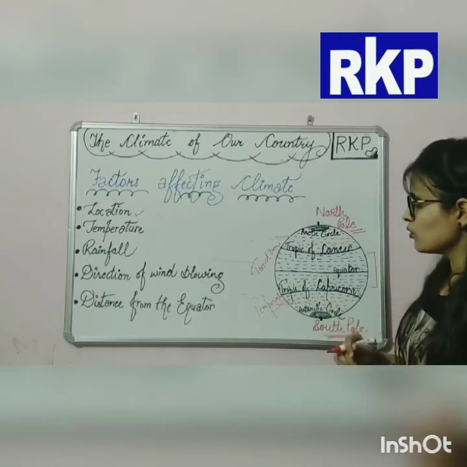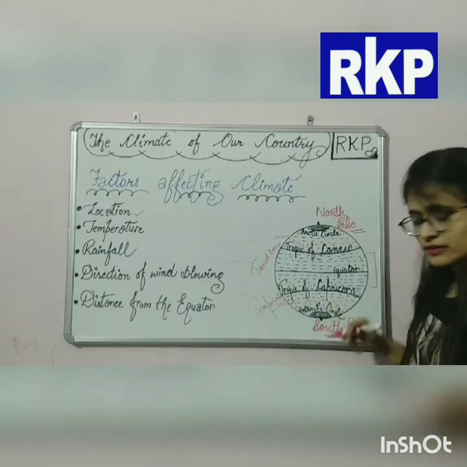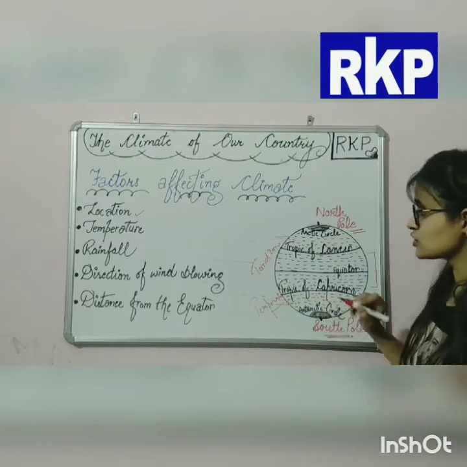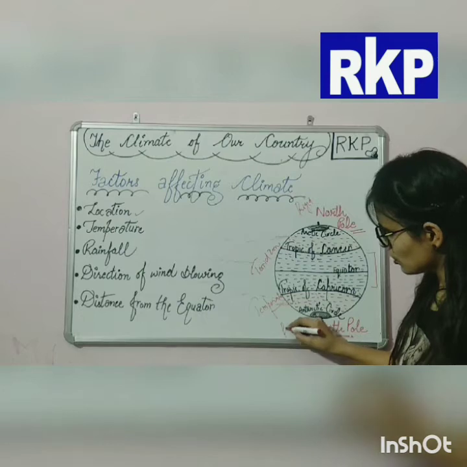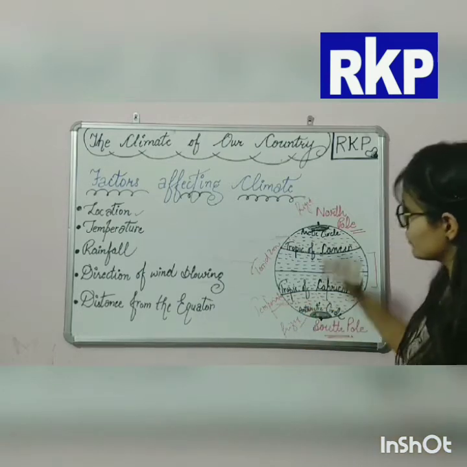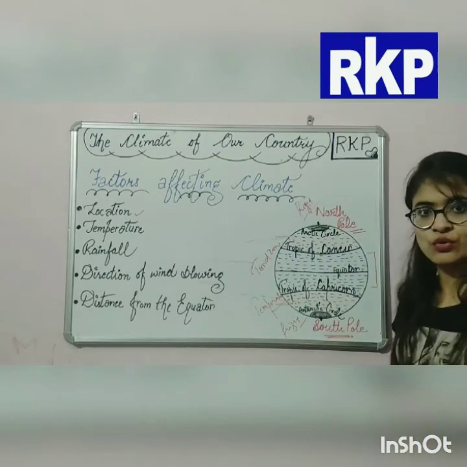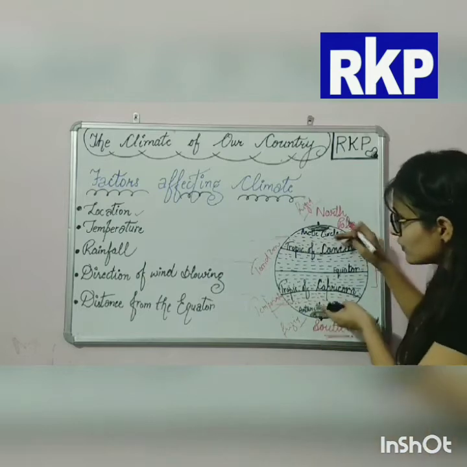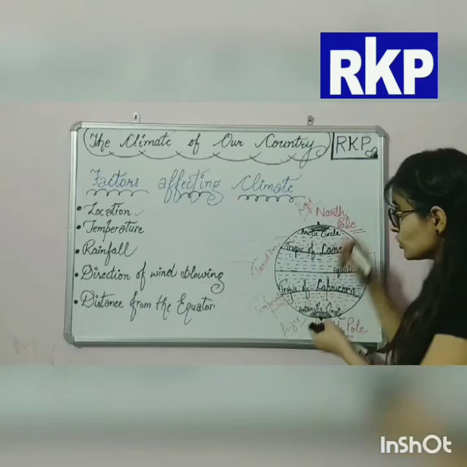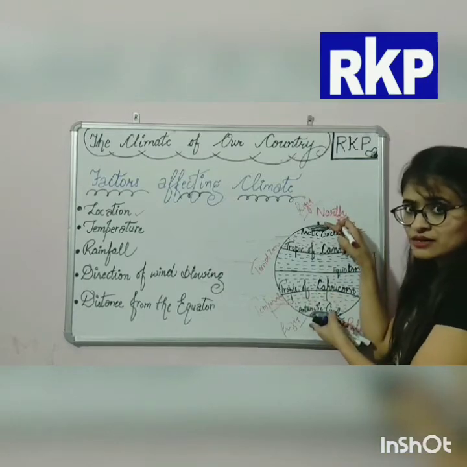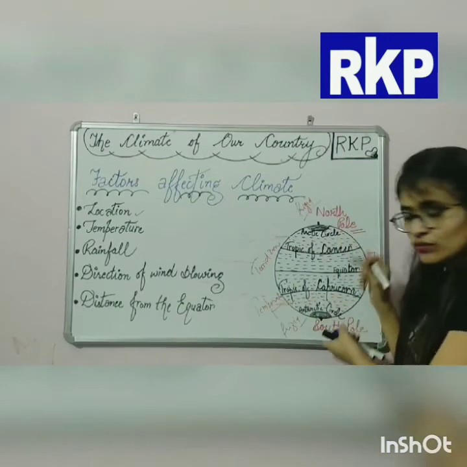Now next is this black part, and this is called the Frigid Zone. Which zone? Frigid Zone. Why? If the other areas are receiving slanting sun rays, these areas will be receiving the most slanting sun rays. Yes, these are the ends of the earth.